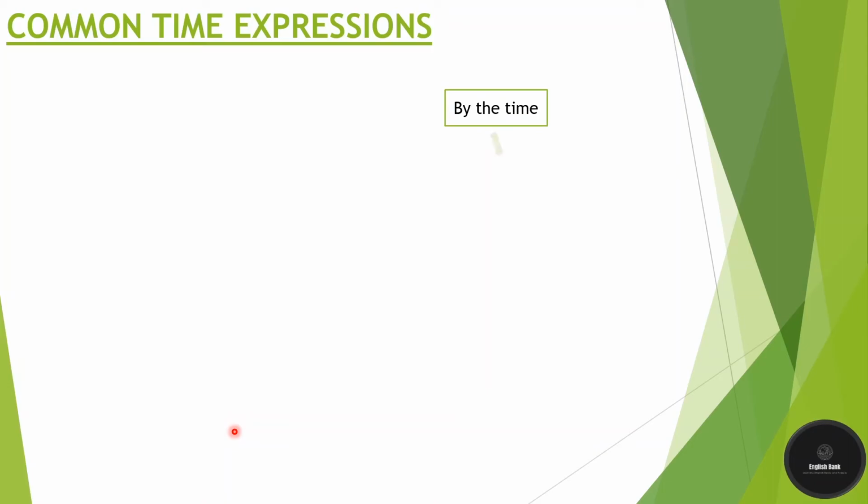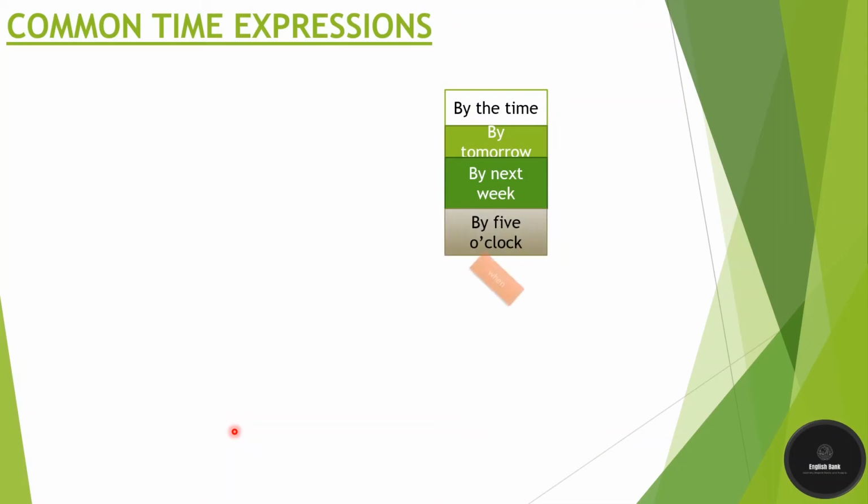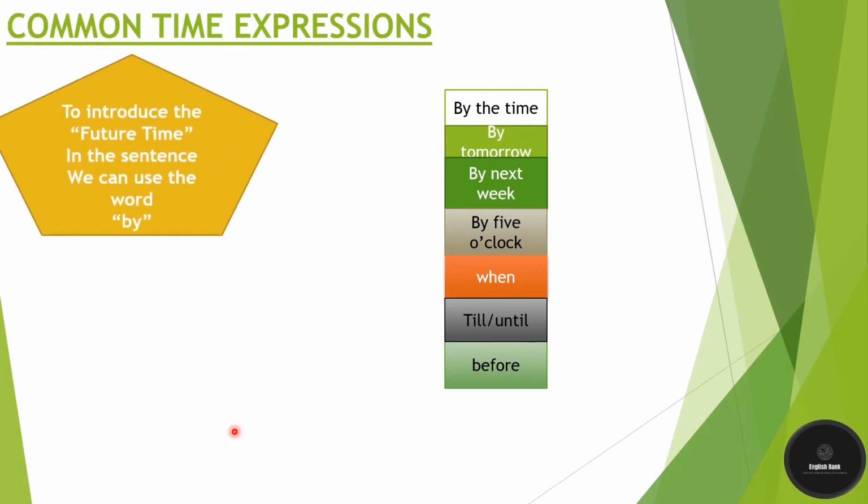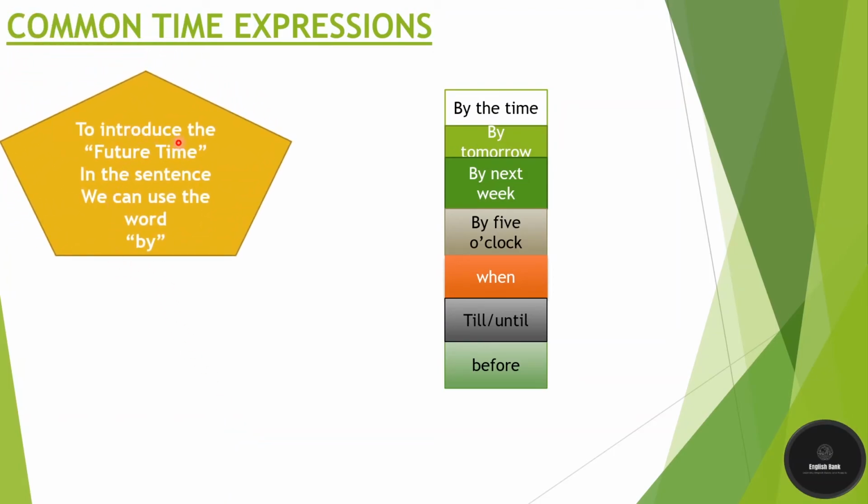By the time, by tomorrow, by next week, by 5 o'clock, when, till or until, before. Now, read this. To introduce the future time in the sentence, we can use the word by.